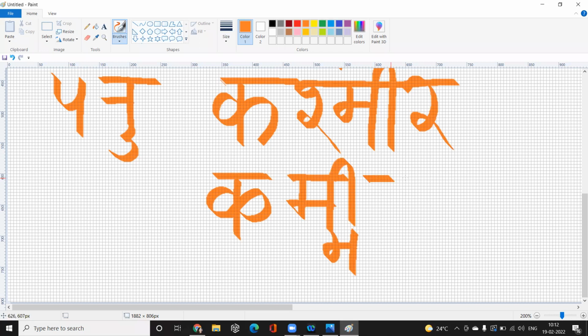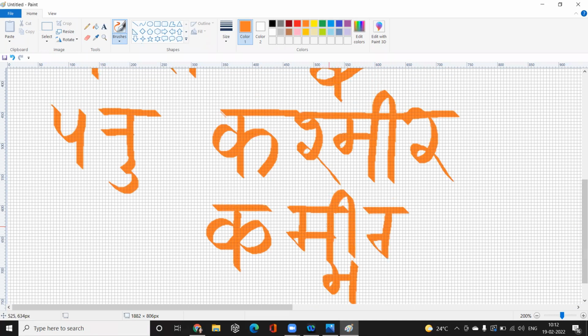The last one we have is R. Again, you saw that this half letter was written complete and the letter following it comes below it. Here also the half letter was written full and the following letter was written below.